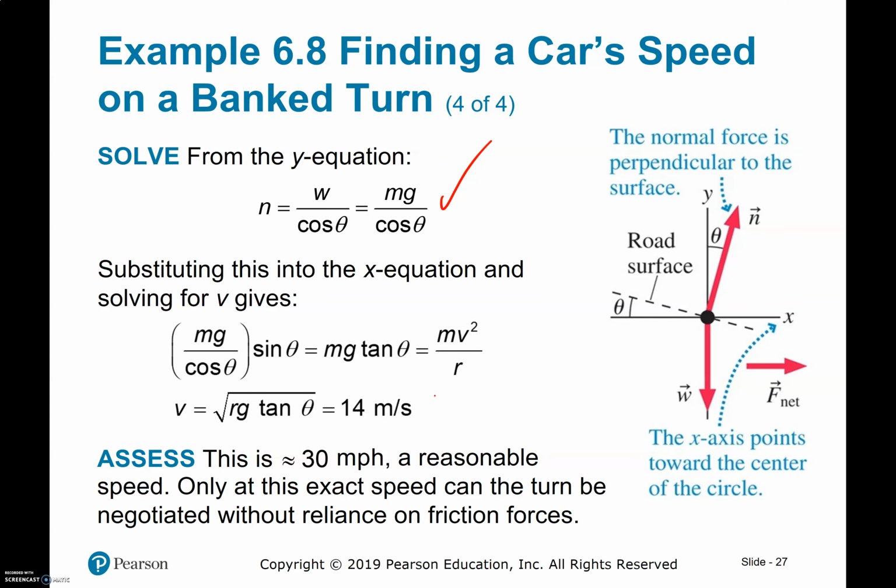So if I did that, then I get the normal force is mg divided by the cosine theta. Putting it back in the top equation, we get mg tangent theta, this is a tangent, right, is equal to mv squared over r, and then we can solve for the velocity, and we get that it is 40 meters per second, which is the same speed that we got before. So this banking of 15 degrees gives the same centripetal force that you get from the friction coefficient that we had before.